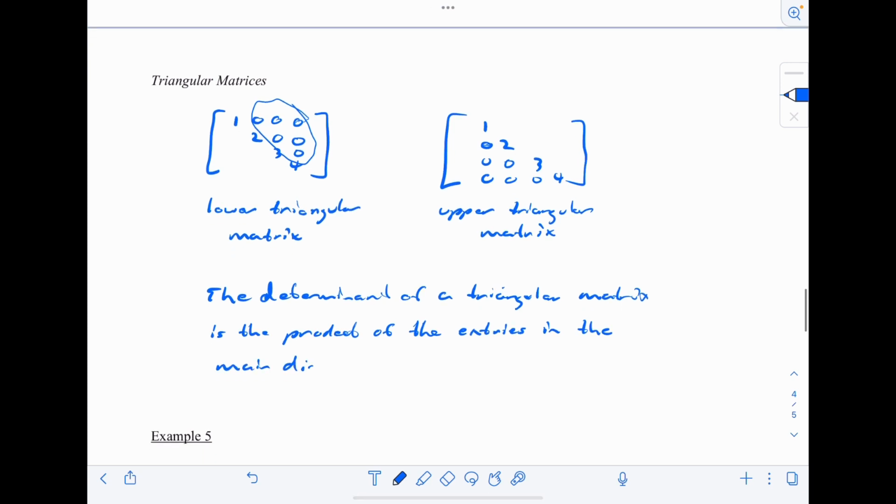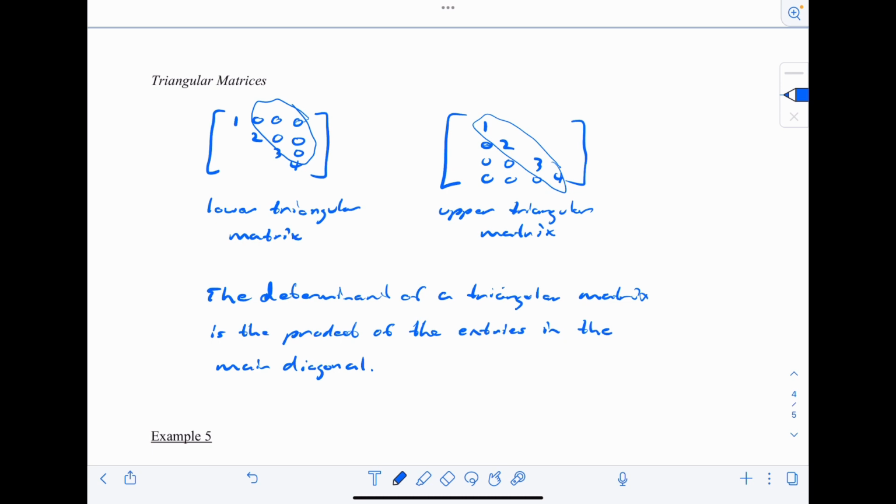So it does not matter that we have values sitting in the other half, the other triangle of that matrix. You are just simply going to focus on the diagonal, and all you are going to do is multiply those values together, and that will give you the determinant.